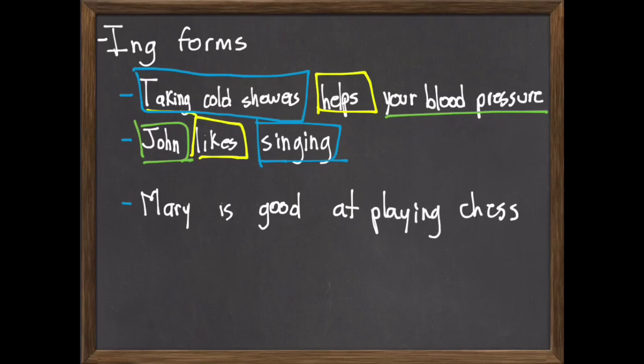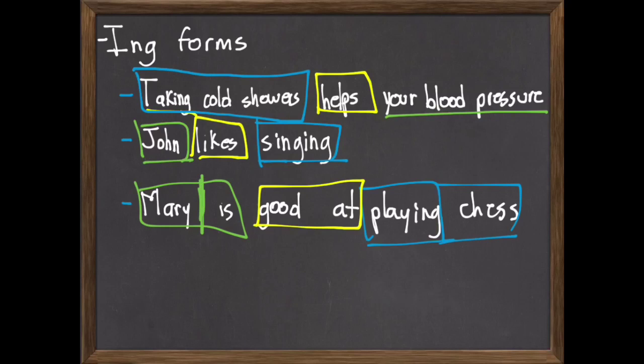Also, now let's look at the next example. Mary is good at playing chess. Here, we can use the ing form when it's placed after prepositions. The preposition in this example is good at. Mary is the subject, the verb is the verb to be, and good at is one of the prepositions.